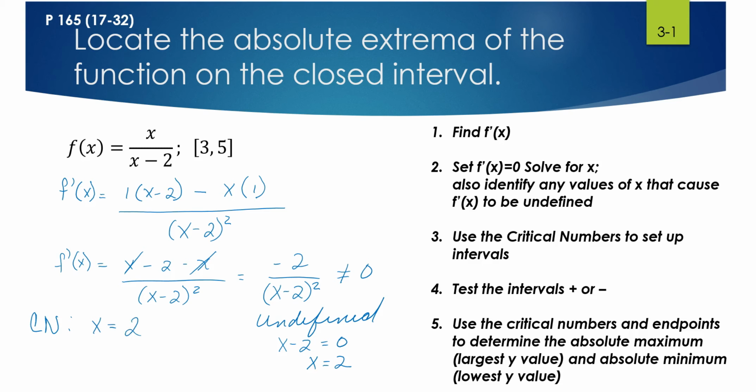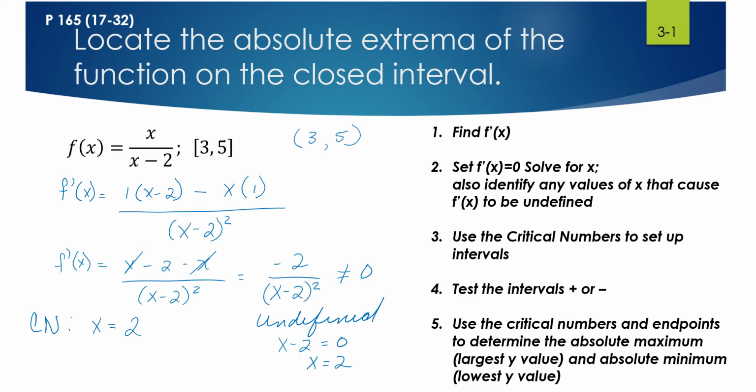So looking at my interval, I'm going from 3 to 5. 2 is not within my interval, and so I don't have anything that's changing. I know that from 3 to 5 it's going to be behaving the same way, and so my whole interval is just 3 to 5.